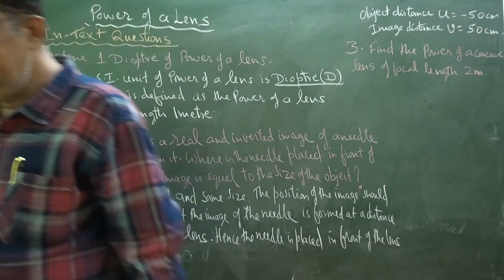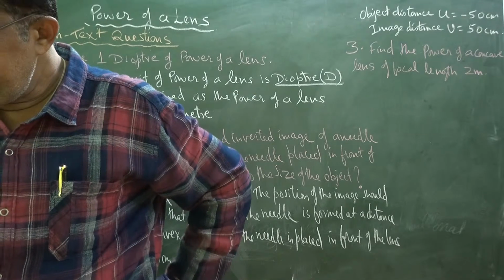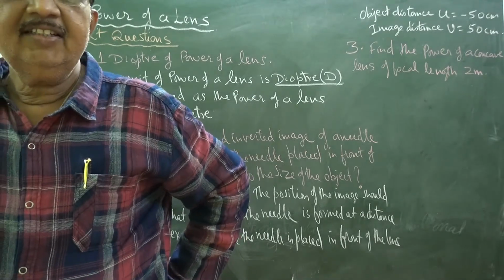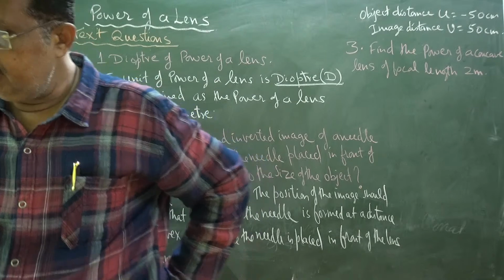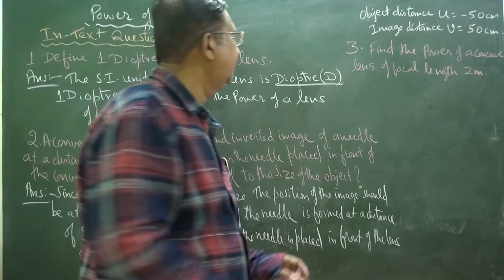So we must find the power of a concave lens, the focal length he has given. We should find the power of that.